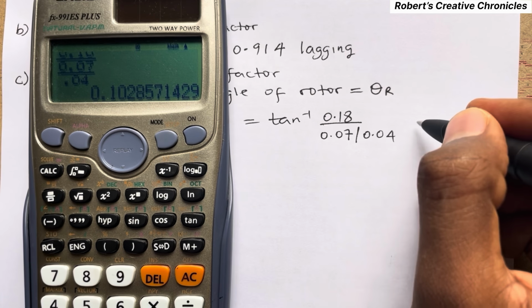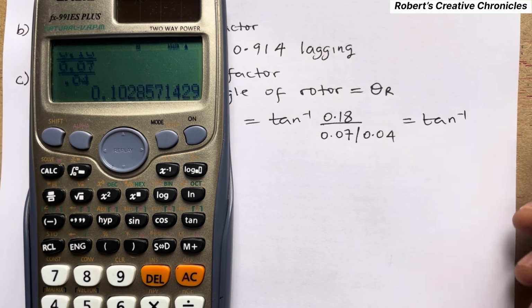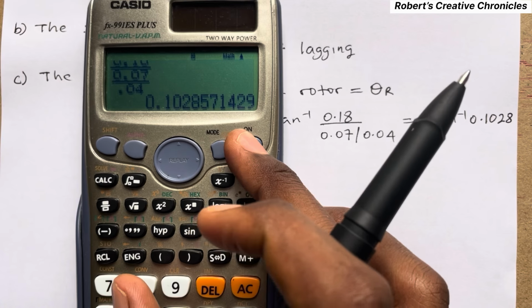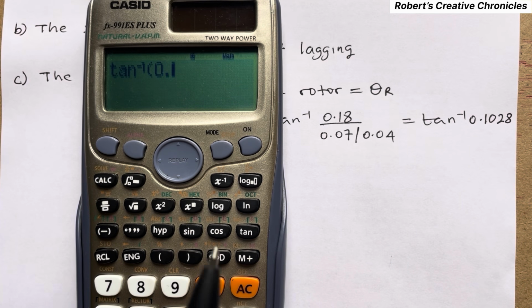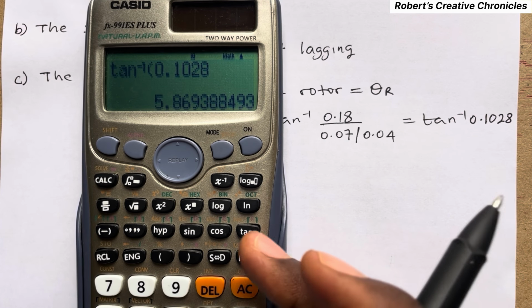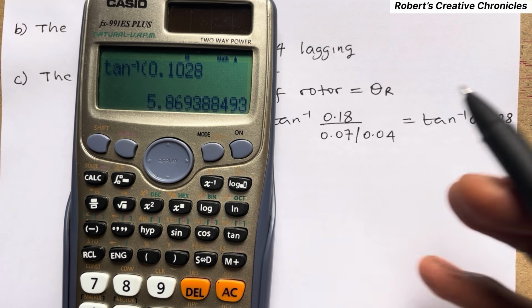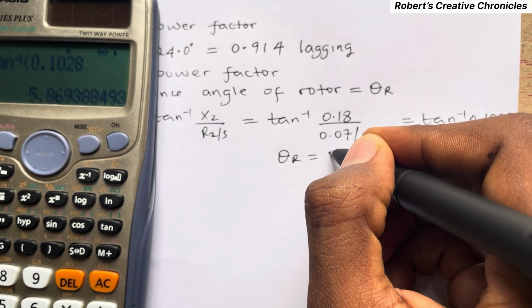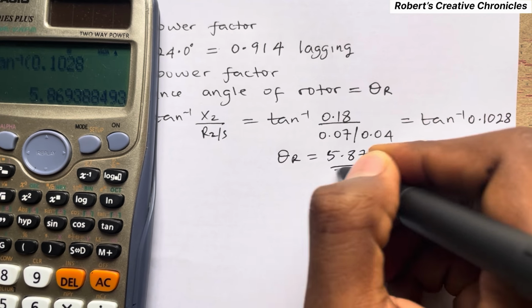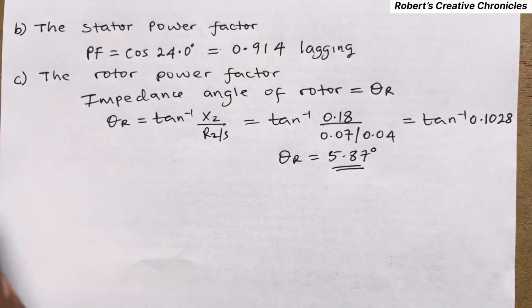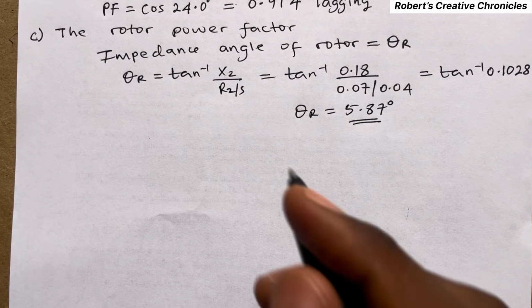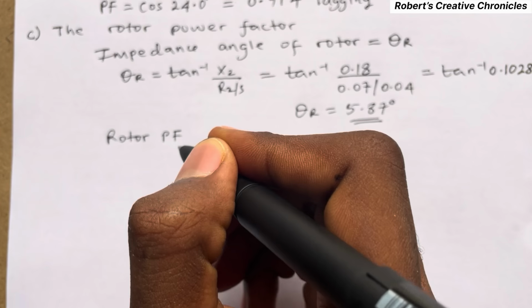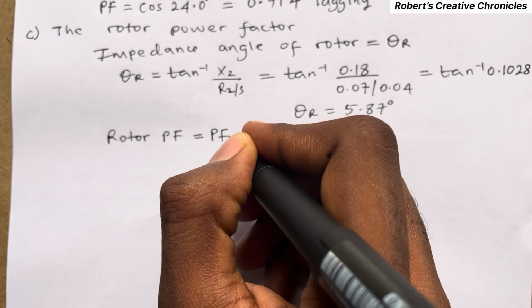So tan inverse of 0.1028. So this is what? This is 5.87 degrees. So now we can approximate it. Now the rotor power factor is given by this.